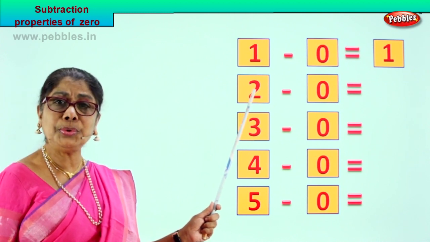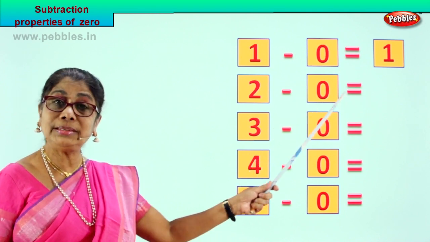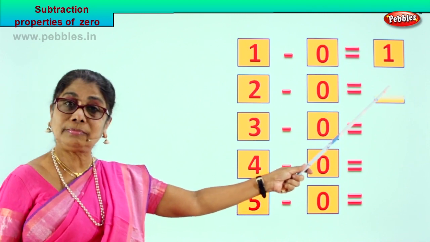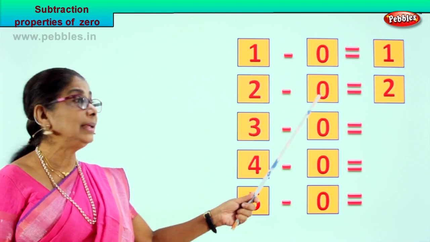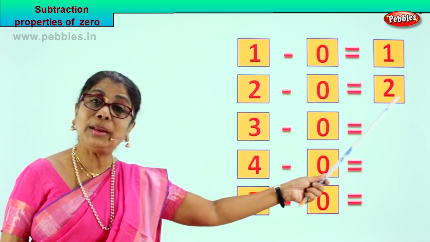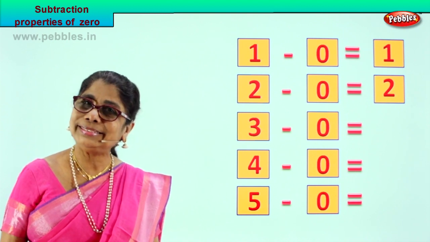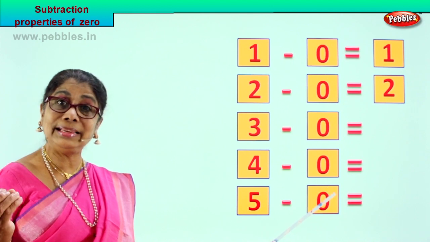Number 2 minus 0 is equal to the number 2 itself. Look again. 2 minus 0 is equal to 2 itself. You got it? Because there is nothing. When it is 0, there is nothing there.